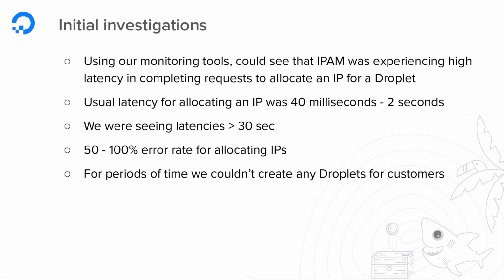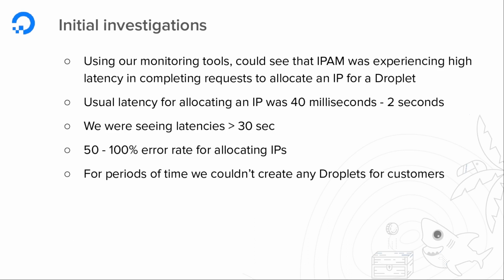And our initial investigations using our monitoring tools found that IPAM was experiencing a high latency in completing requests to allocate an IP for a droplet. Typically, we see that allocating an IP, so when we communicate with the MySQL database cluster, the latency is around 40 milliseconds to 2 seconds on a typical day. But for this incident, we were seeing latencies of over 30 seconds.